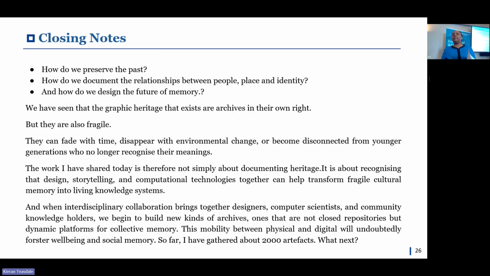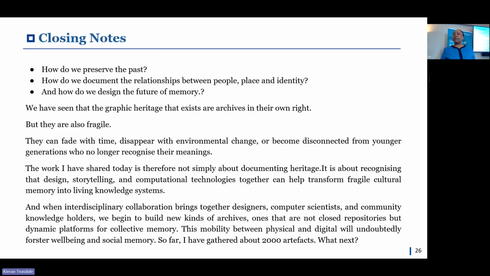They can fade with time, disappear with environmental change, or become disconnected from younger generations who no longer recognize their meanings.